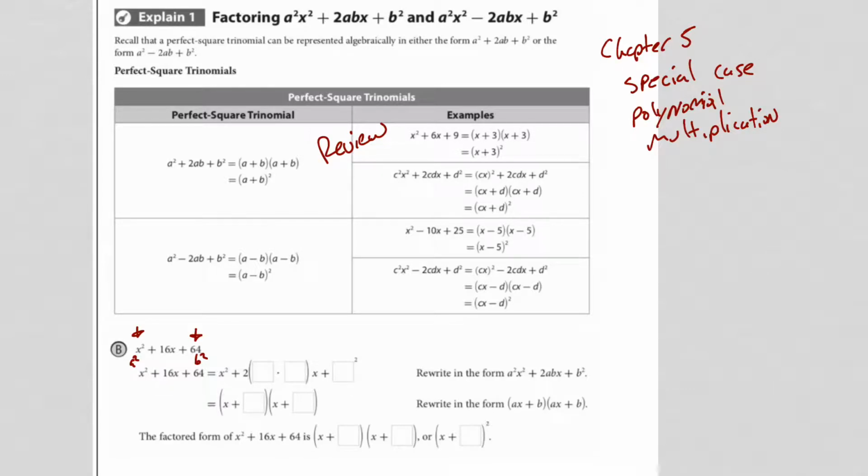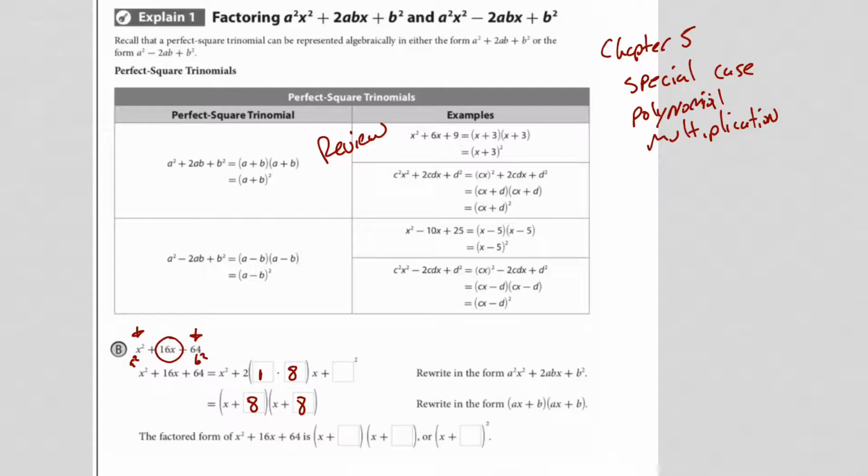Well, the square root of 64 is 8. So this is supposed to be 8. And what's the square root of 1? That's 1. So what's 2 times 1 times 8 times x? It adds up to 16x.